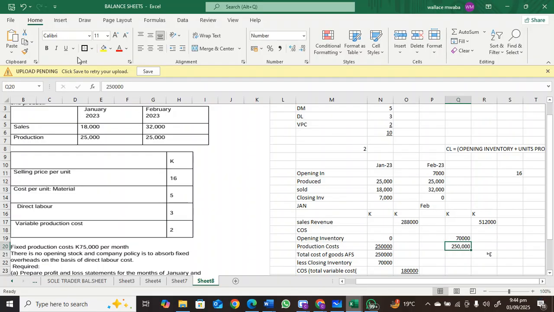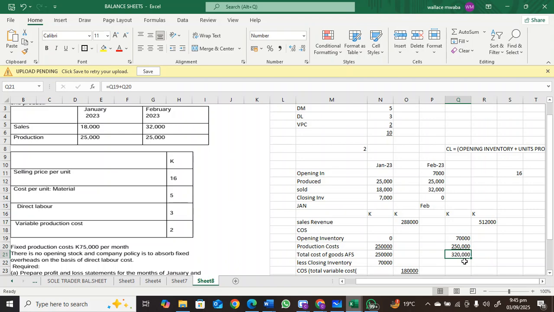So we get the total cost of goods available for sale, 70,000 plus 250,000, 320,000. This is the total cost of goods available for sale.